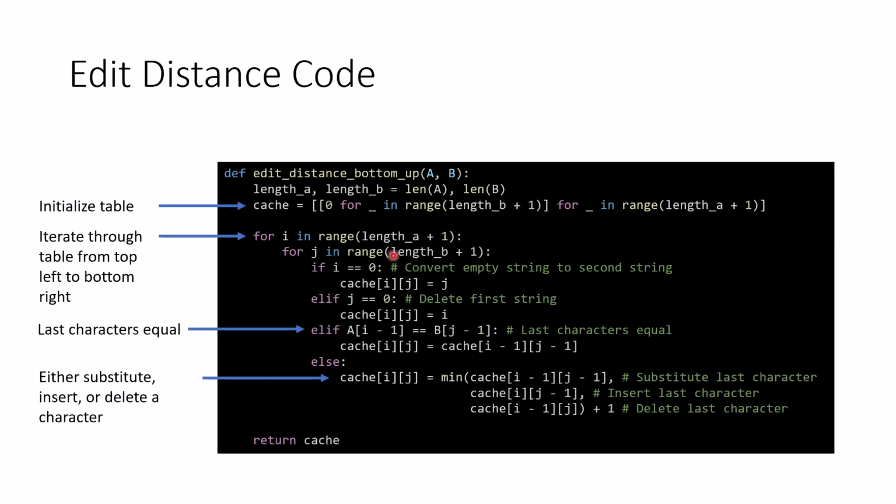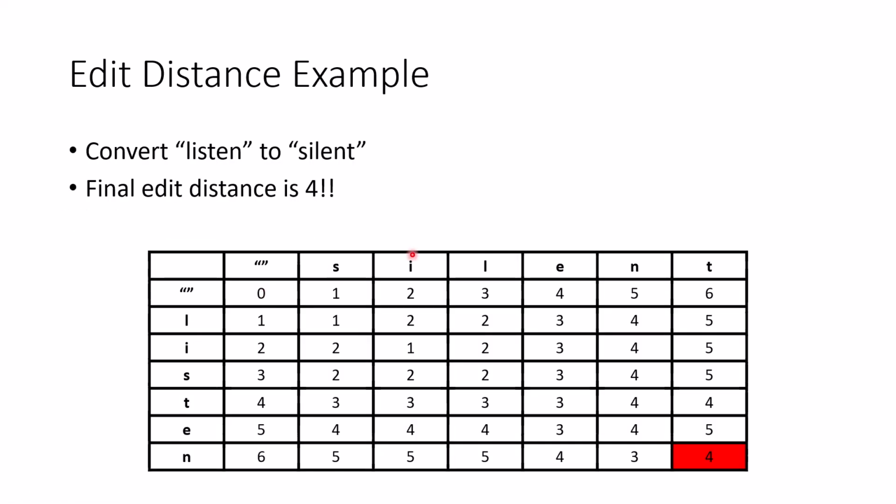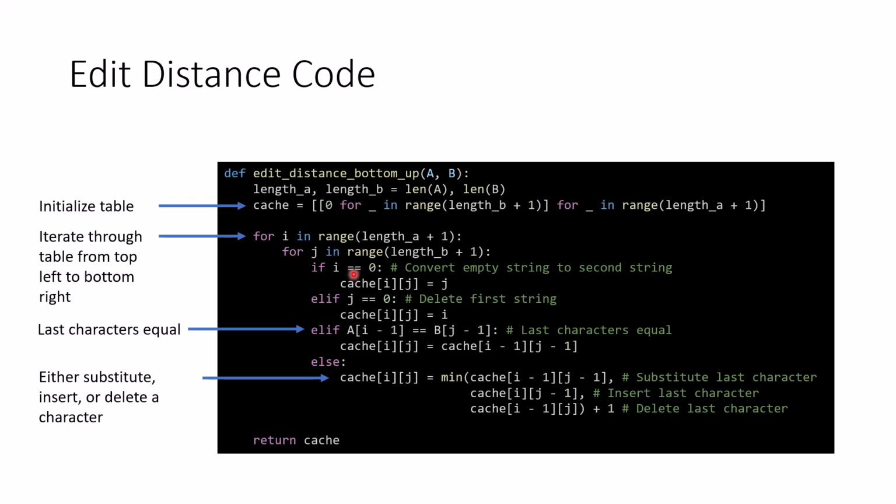The next loop is going to go over the length of the second string because the table is going to be the product of both lengths of those strings. In the first case, I'm going to start off by converting the empty string to the second string, and that's the top row. And then the first column is going to be deleting the first string. So these are my two base cases that I set up here.